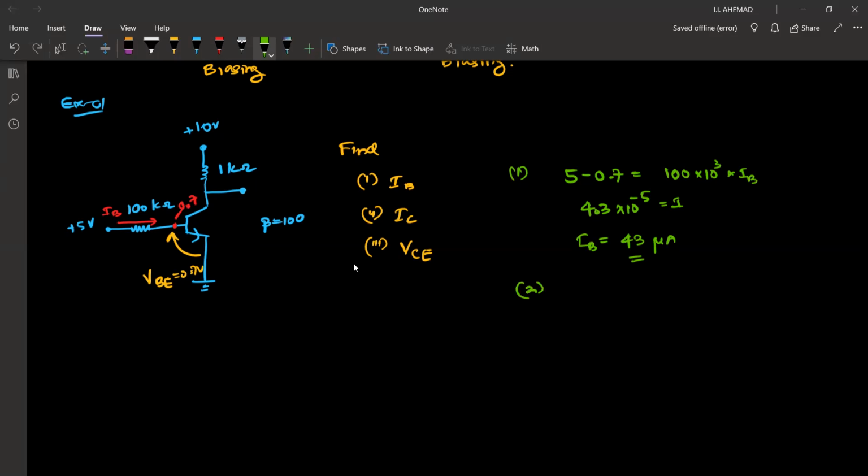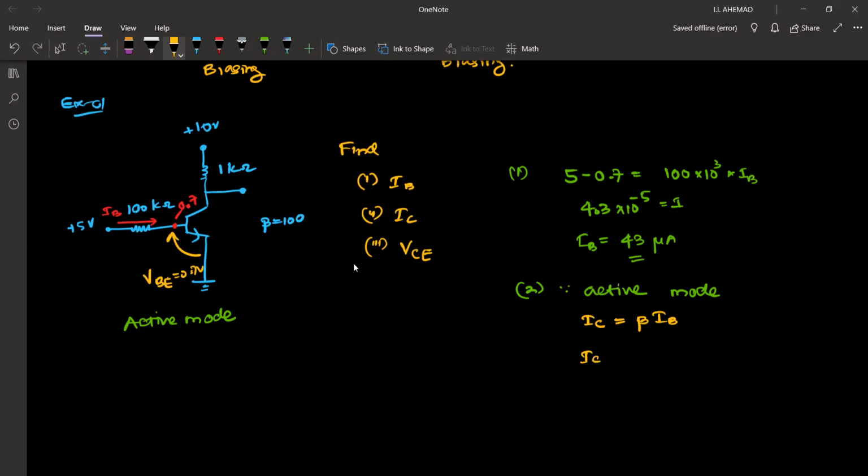Second, we have to find the IC current. Here it's in active mode. That is important. In active mode, we have a relationship for IC and IB: IC is equal to beta times IB.